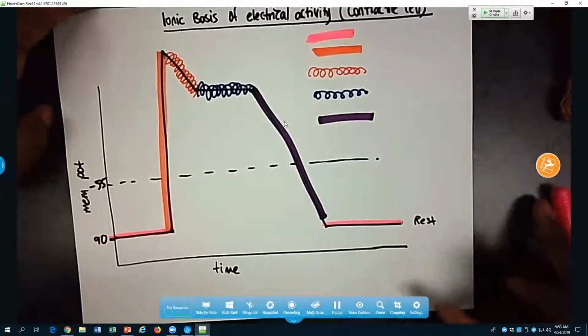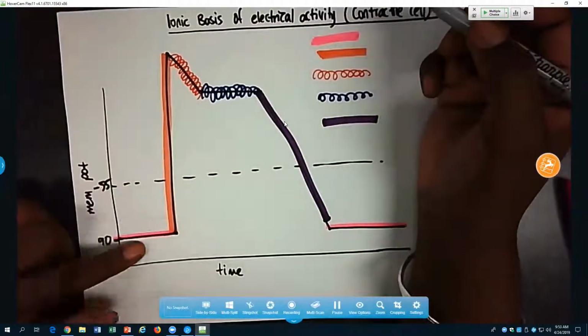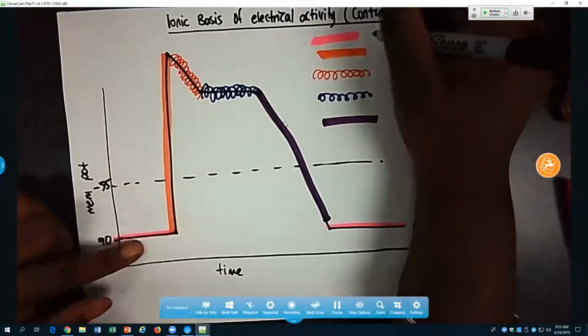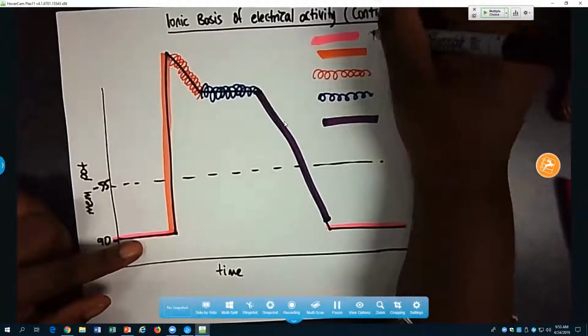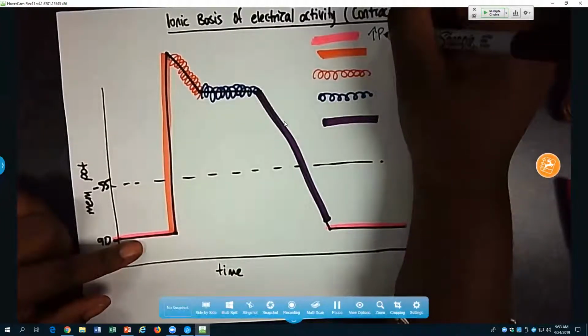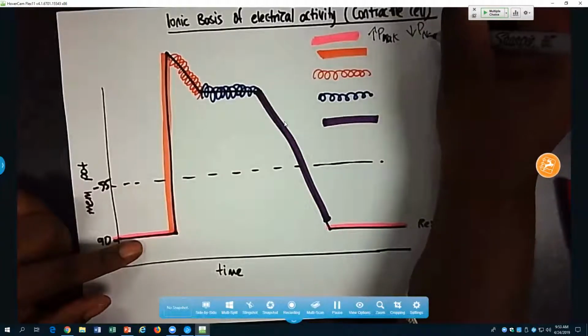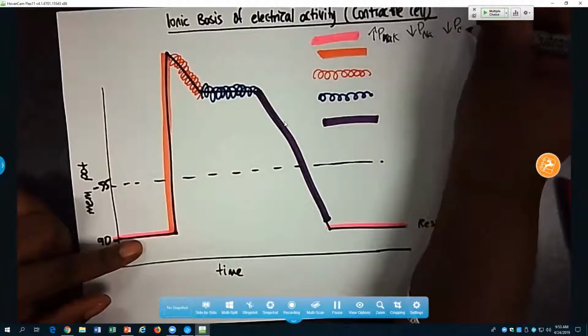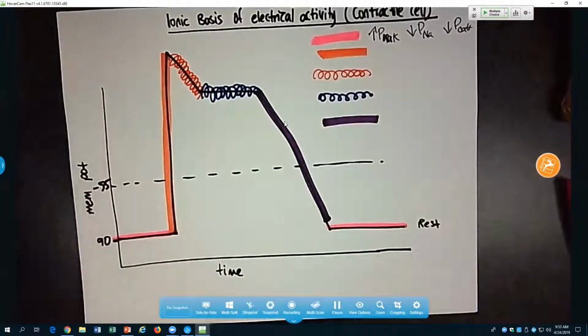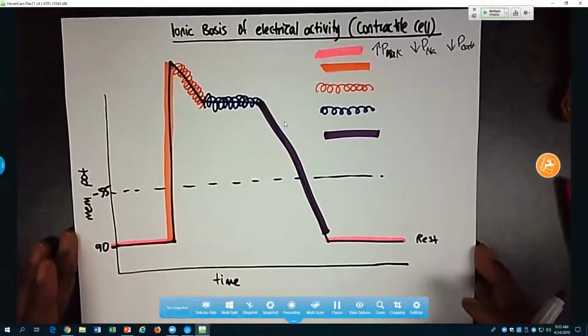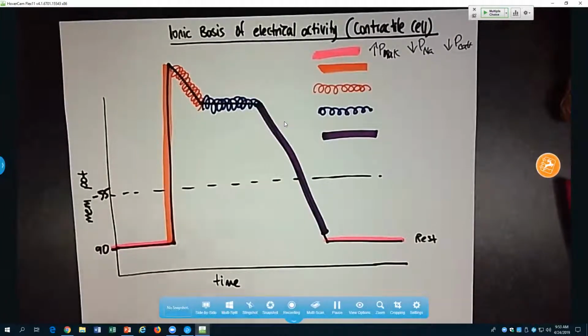In phase 4, which is at rest, the membrane is at complete rest, and what we see is an increased permeability for potassium and decreased permeability for sodium and calcium, meaning that the membrane potential is closer to the equilibrium potential of potassium, which is very negative.